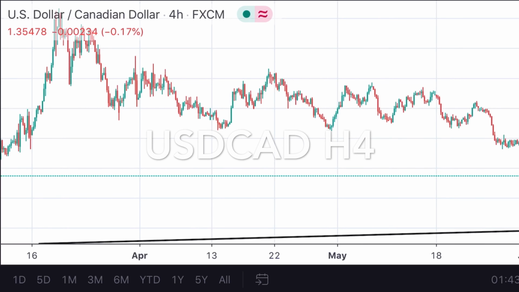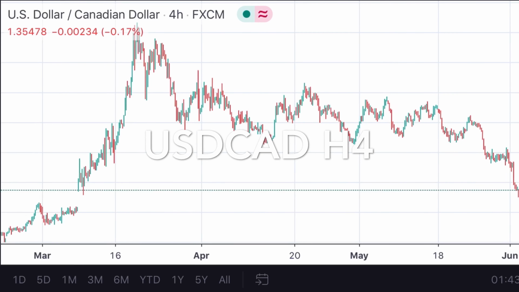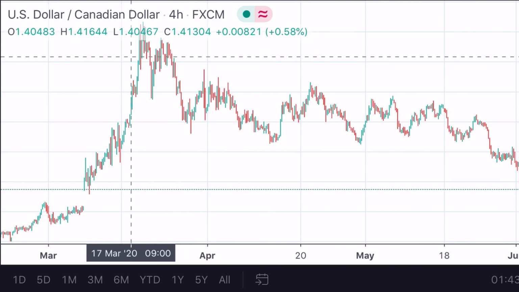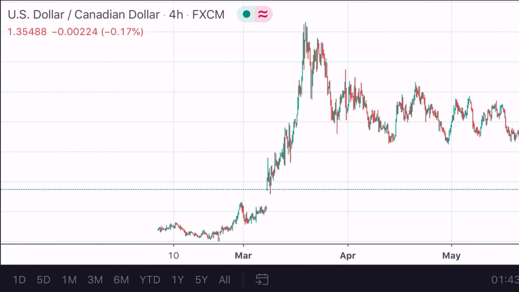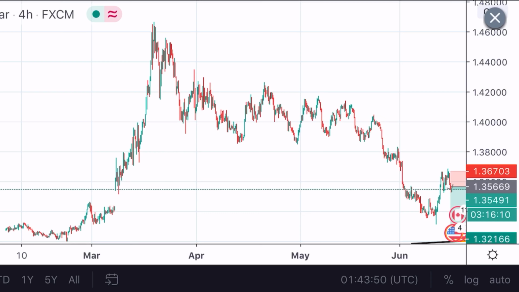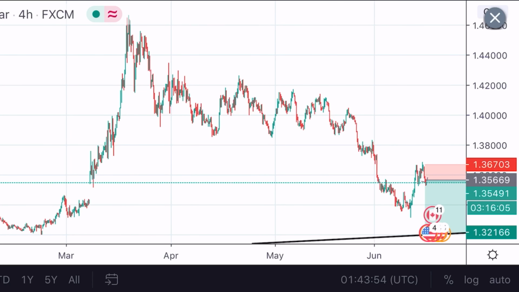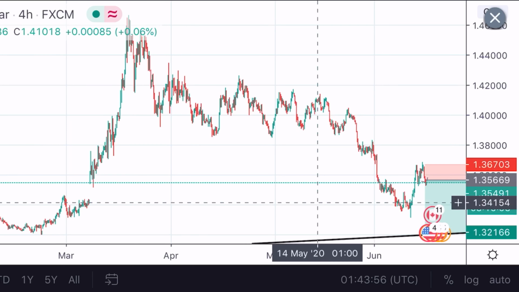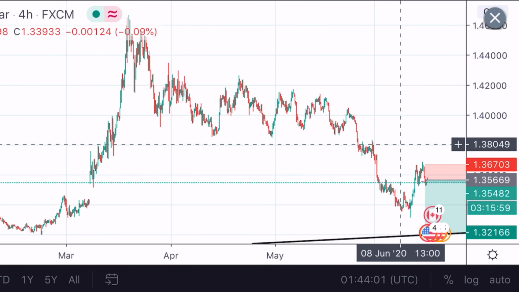So let's go. I want you to look at the H4 time frame. You're going to zoom out a bit, right? I want you to pay attention to what's happening from day to day, right? Obviously, this is a lot. You understand me? So what I want you to get clear in your mind is that from this peak right here, this whole pair has been in a downtrend.